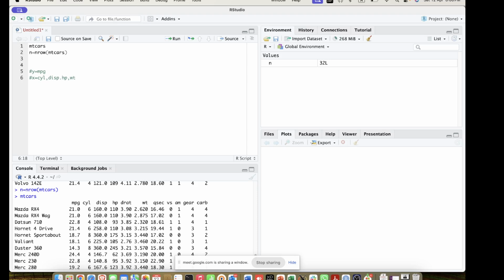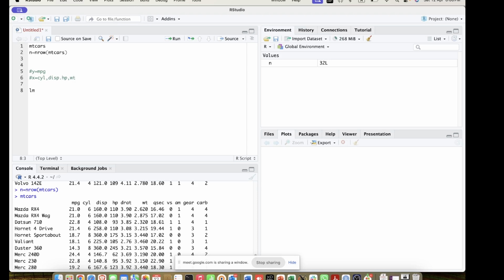Let these be the 4 explanatory variables that we are talking about. If I have to fit this, the code is lm.